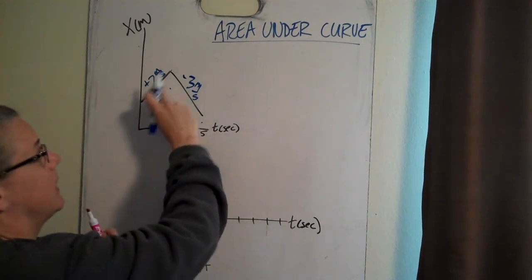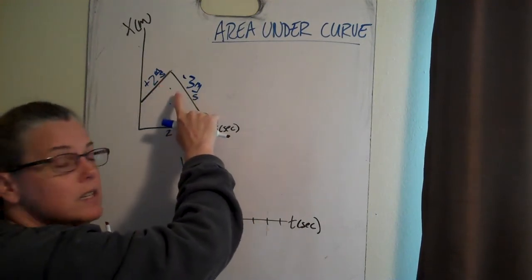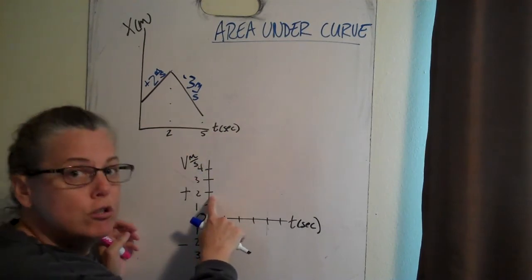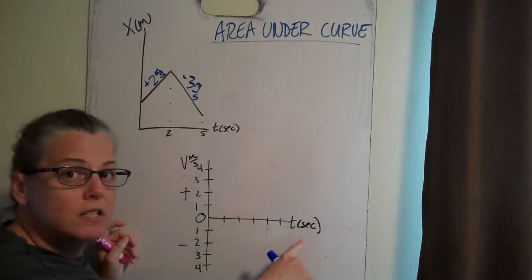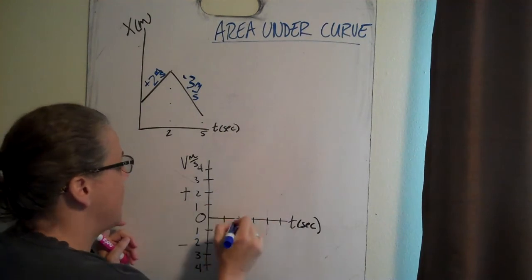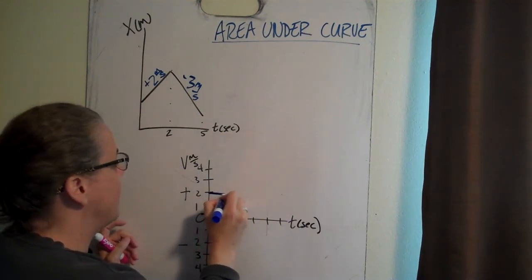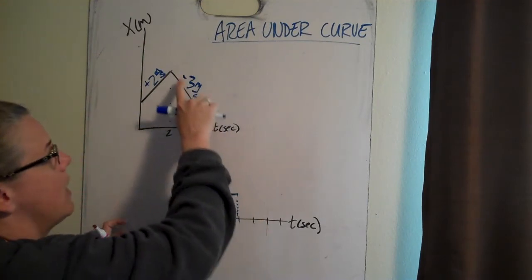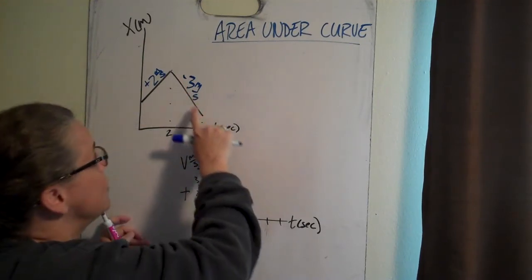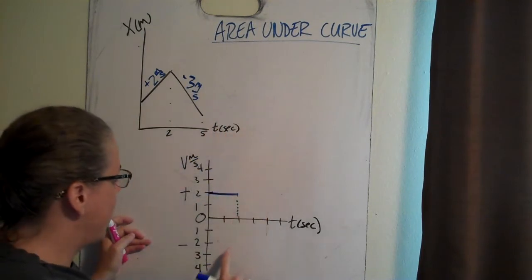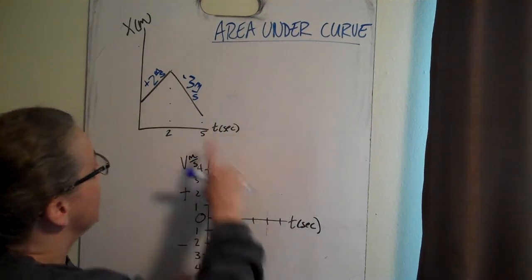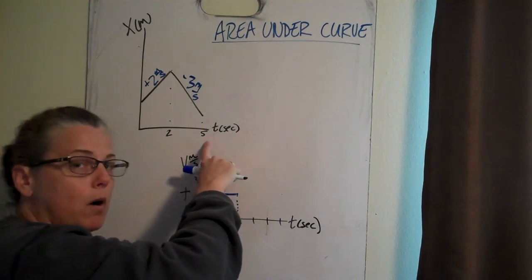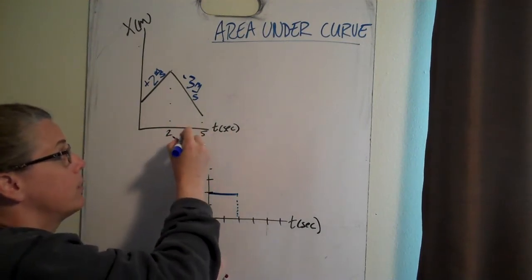I can see that I'm traveling at 2 meters per second for 2 seconds of time. So I'm going to find my 2 meters per second on my velocity time graph and plot that for my 2 seconds of time. Then I have my second segment, which is a negative 3, and it runs from the 2 second mark all the way to the 5 second mark, a difference of 3 seconds.